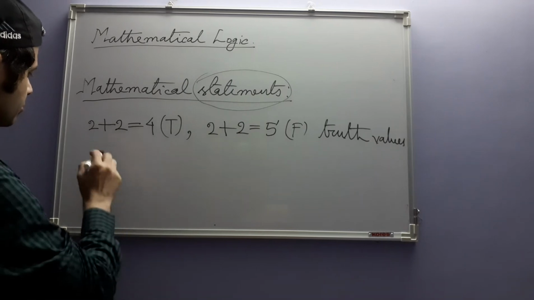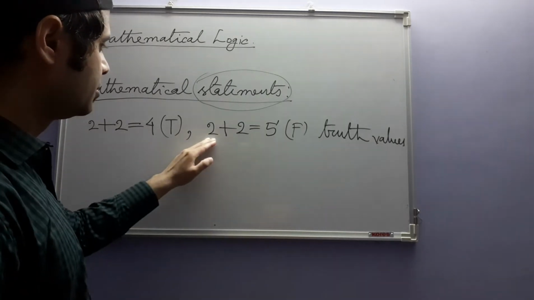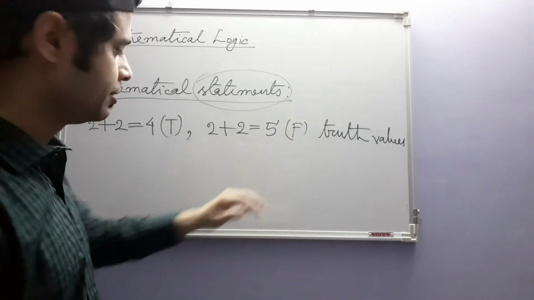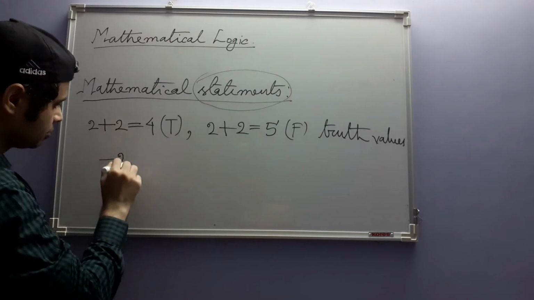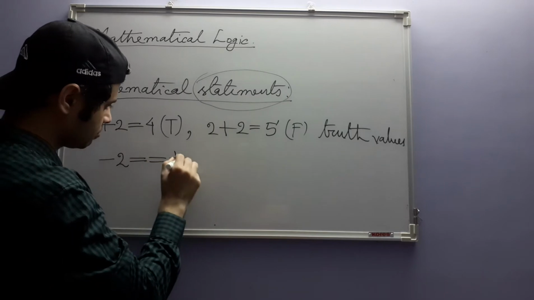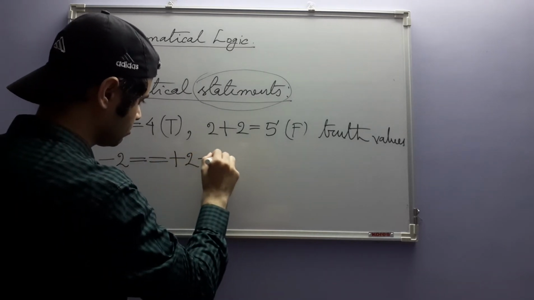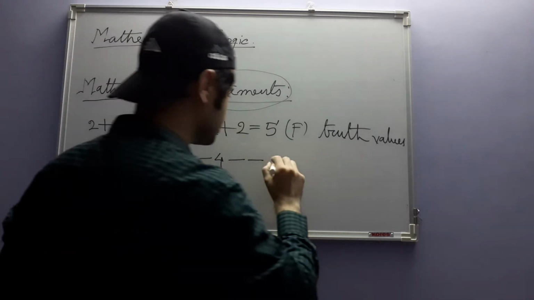Now, any combination of mathematical objects and relations is not a statement. For example, this is not a statement. This is not a statement.